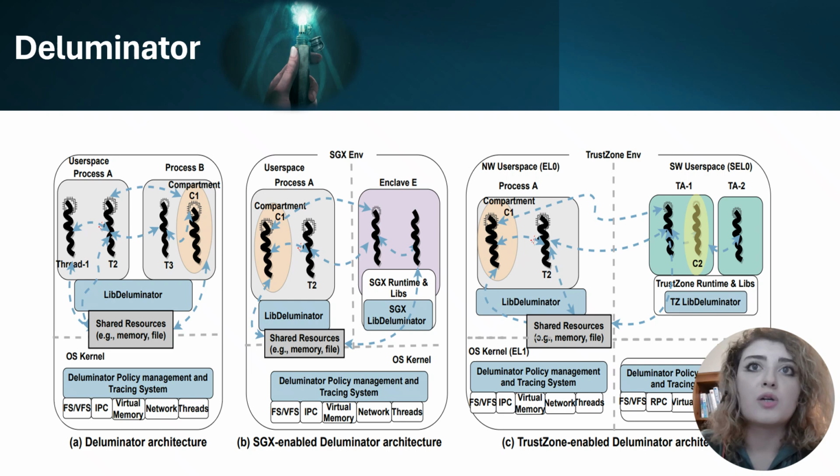Also, if you want to have the same compartmentalized applications, for example on Intel SGX and TrustZone, you have the same monitoring environment for both of them, so it makes migration to other kinds of hardware-based compartmentalization systems easier. So we can benefit from more hardware features that are introduced in future.